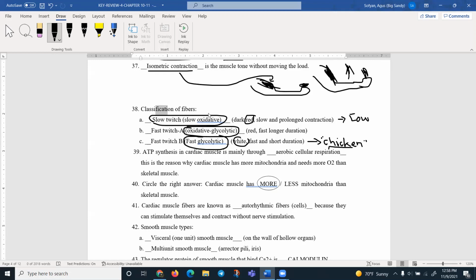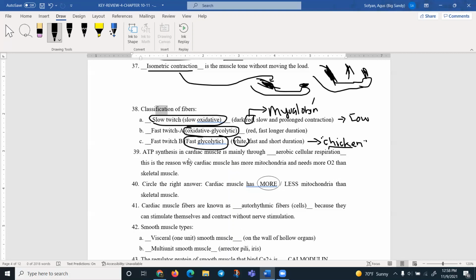So people that have more red meat, the slow oxidative muscle, will have stronger contraction for longer time, but slow. The dark red is red because they have more myoglobin in the muscle cell. The white meat has less myoglobin.